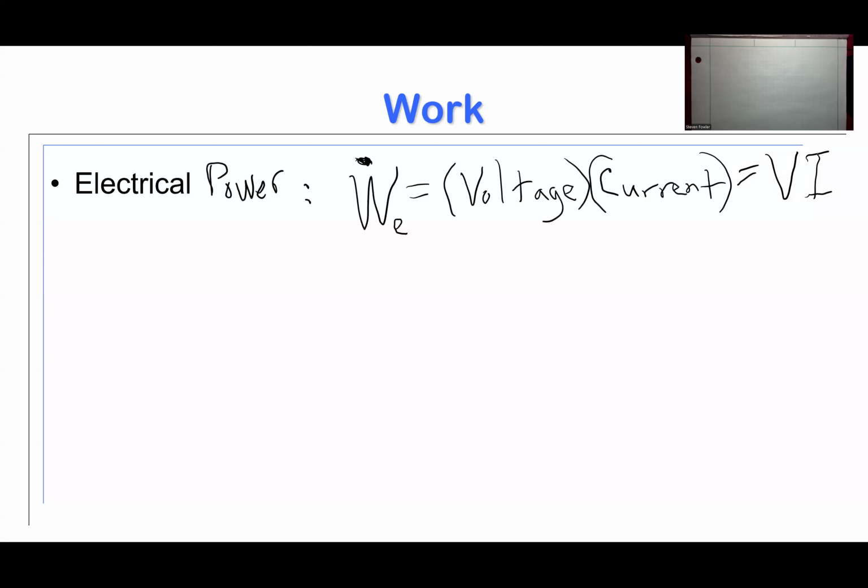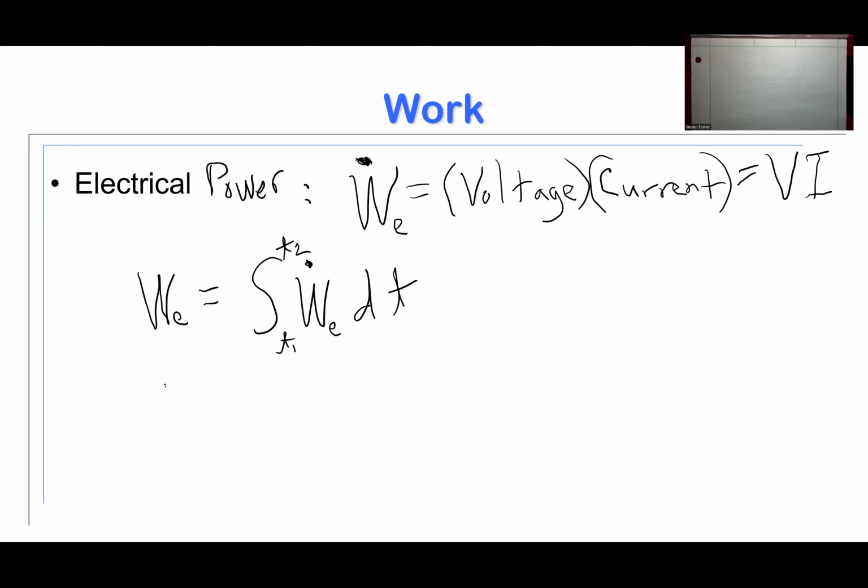Now, again, this is power. Notice the dot here. This is the rate at which electrical work is being done. If I need to find the amount of electrical work that has been transmitted, the amount of electrical work being done, I need to integrate this electrical power with respect to time over my change in time from the initial to the final time.